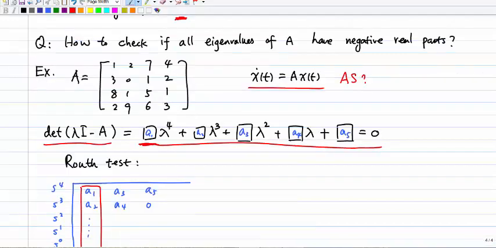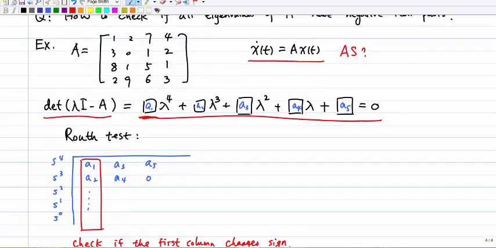Then you can use the Routh test to verify. You put all the coefficients you calculate in the Routh array, and you fill in the first two rows of the Routh array.